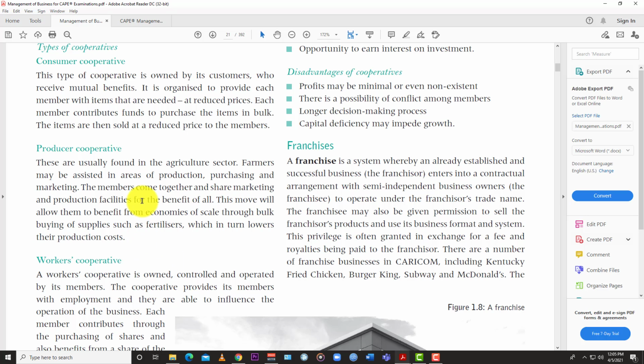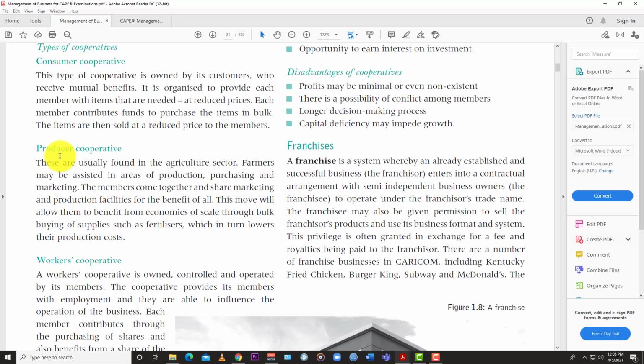And we know economies of scale refers to the reduction in the production costs as your firm, your company, your business grows. So if a bunch of small farmers come together as a cooperative, they can experience economies of scale in a wide variety of things, including buying the supplies in bulk, including marketing as one head, including producing as one entity. And so that's what the producer cooperative is all about.